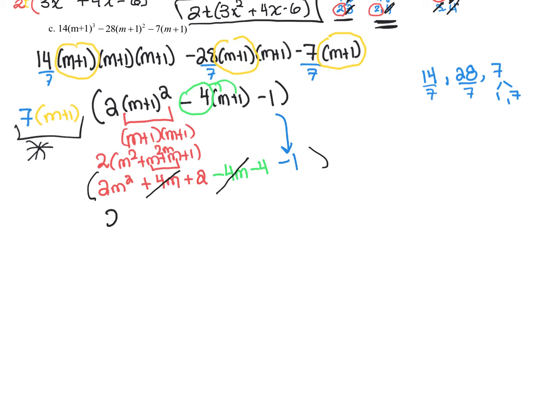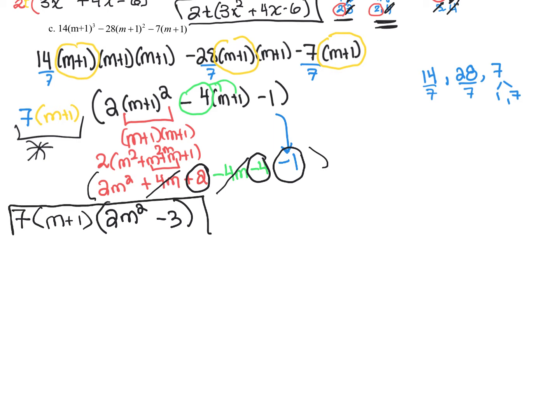So I get 2m squared. Plus 2 minus 4 is a negative 2. Minus 1 is minus 3. And then I said don't forget this, so you have 7 times m plus 1. This is your final cleaned up answer.